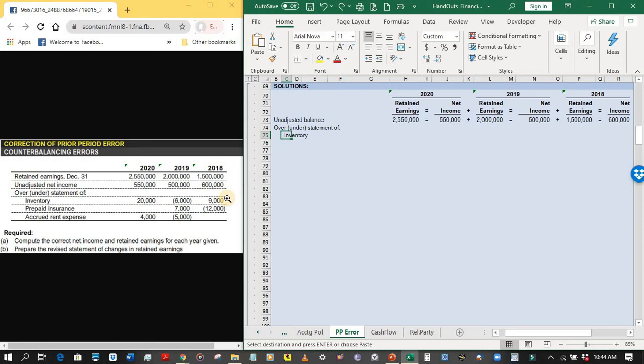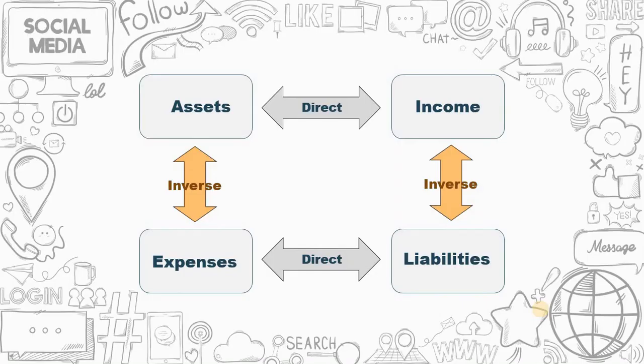So what is the effect of the overstatement of 9,000 pesos in the 2018 net income? So again, let us use this in our analysis. Since ending inventory appears in the statement of financial position, it means it is an asset.